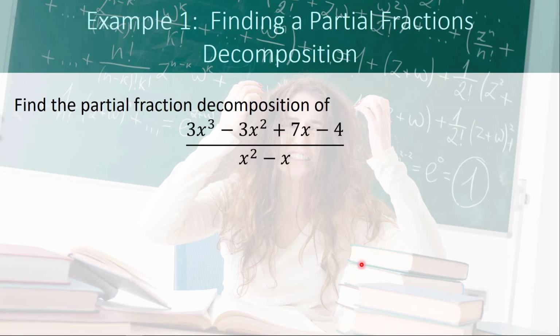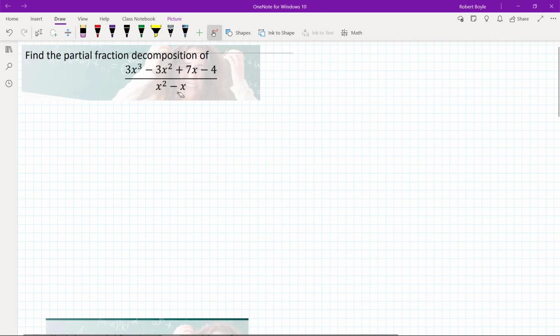Okay, so here's our first example. We want to find the partial fractions decomposition of 3x cubed minus 3x squared plus 7x minus 4 divided by x squared minus x. To do this, since it might require a little bit of space, I'm going to go over to OneNote. And here we are.